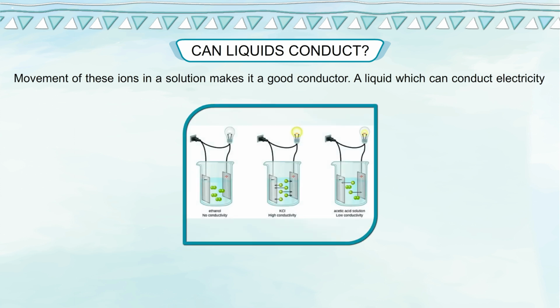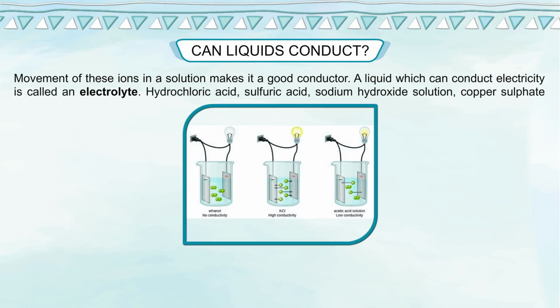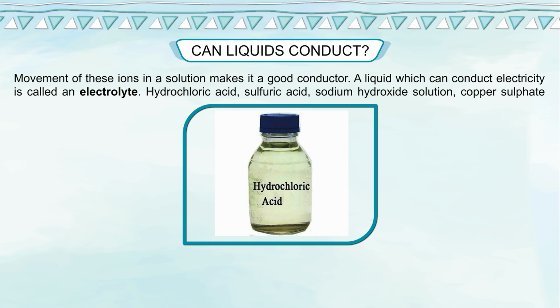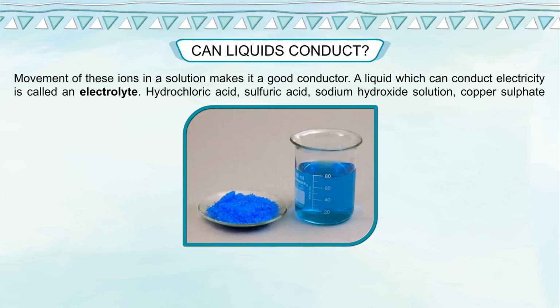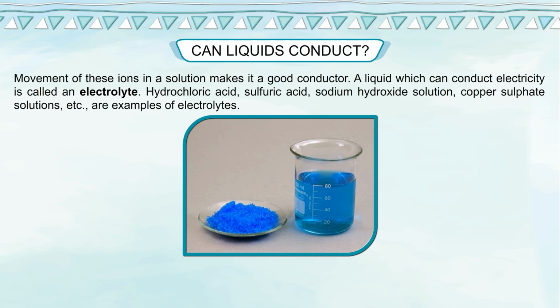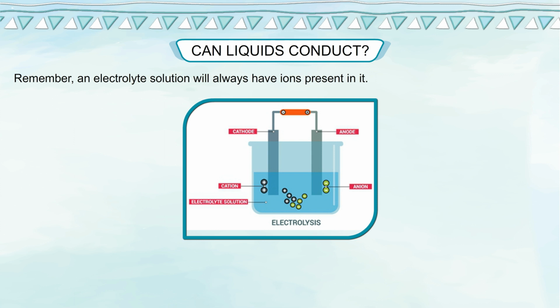A liquid which can conduct electricity is called an electrolyte. Hydrochloric acid, sulfuric acid, sodium hydroxide solution, copper sulfate solutions, etc. are examples of electrolytes. Remember, an electrolyte solution will always have ions present in it.